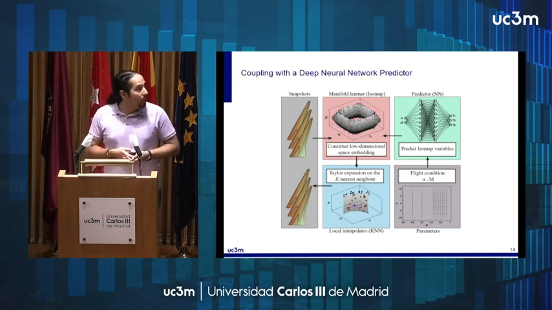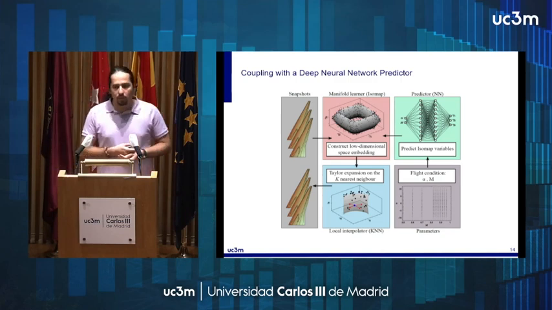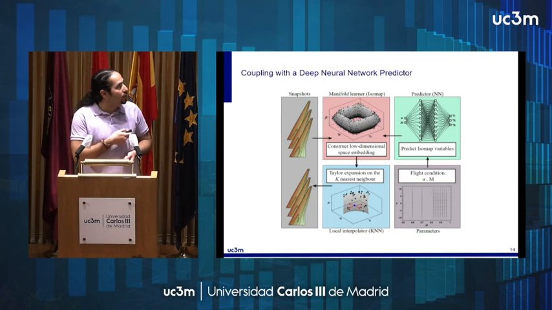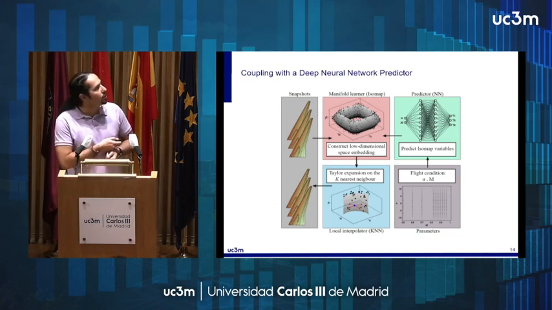But the output of our method, the dimensions that we can obtain, does not necessarily guarantee a correlation between these dimensions and design parameters. So we have to develop another link, which we call a predictor, to translate these design parameters to our low dimensional dimensions.